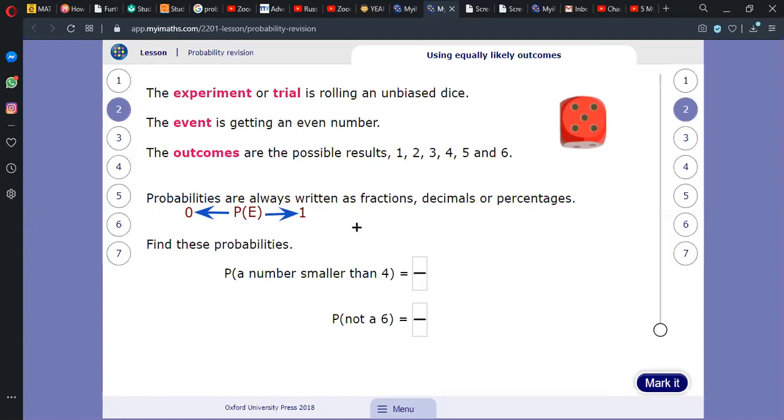You saw it also on the probability scale. If the answer that you got is more than 1, just know you are wrong. You don't need to even think about it. Go and trace your steps and check your errors. If your probability answer is below 0, that's negative, just know you are wrong. So go back and check your errors and make sure you understand that.